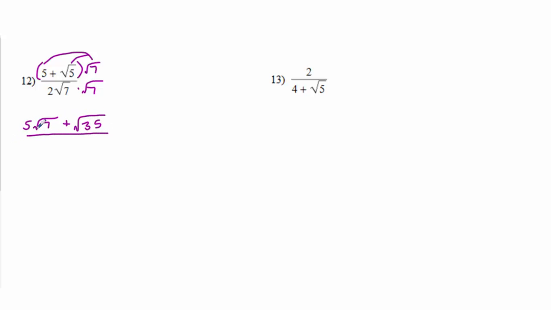And neither of these square roots simplify, so the top is probably going to stay what it is. On the bottom, I have square root of 7 times the square root of 7, which is square root of 49. And there's a 2 in front of it. But square root of 49 is the same as 7. So I need to do 2 times 7 on the bottom, which gives me 14.